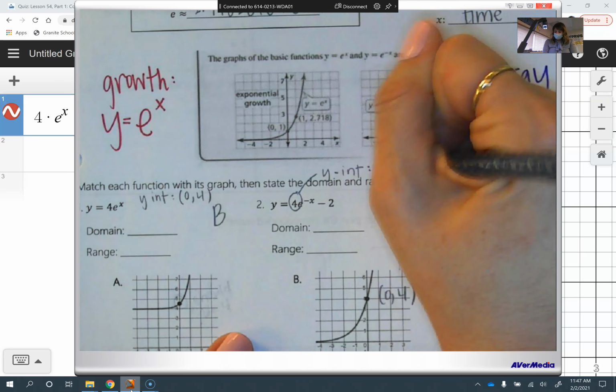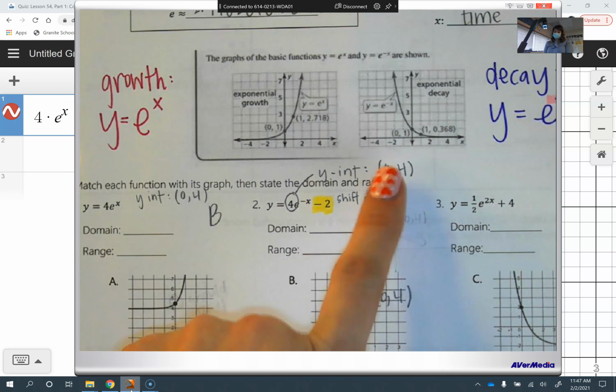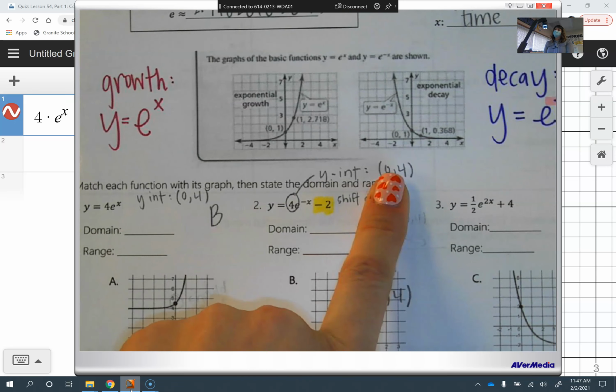I should have remembered that from our functions family situation. This guy means shift down by 2. So if he starts at 0, 4, and we shift him down by 2, that means his new y-intercept is at 0, 2, and he's letter C. And now that makes more sense because letter C is decay.